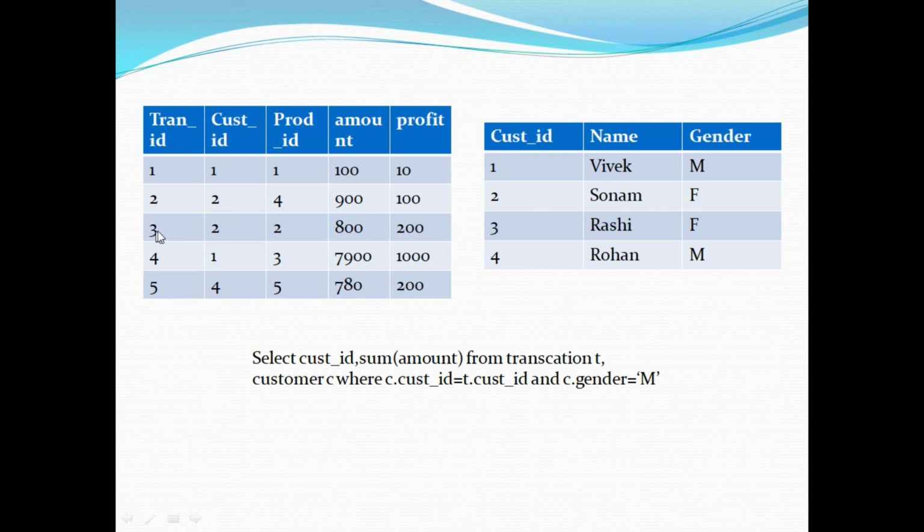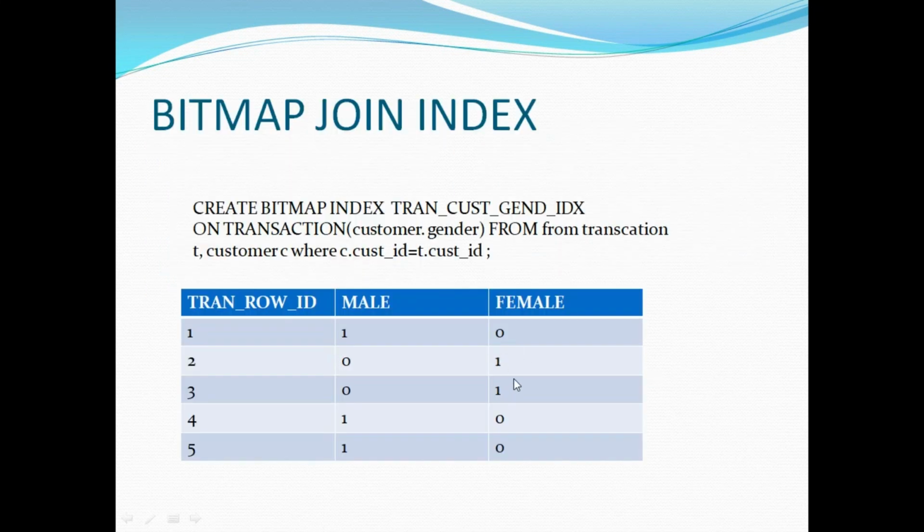Transaction 3 is also done by Sonam, who is female. So for the second and third transactions, we should have one bit in female, which is the case. This index is created in the background, which means as soon as we run this query again, instead of joining these tables, it will directly retrieve the values using this particular bitmap join index.